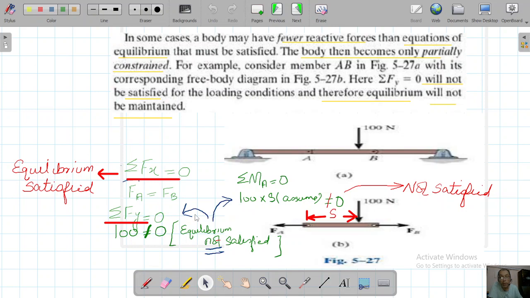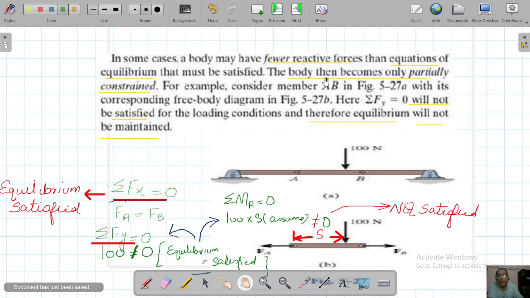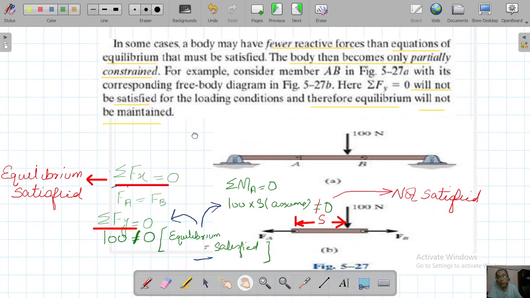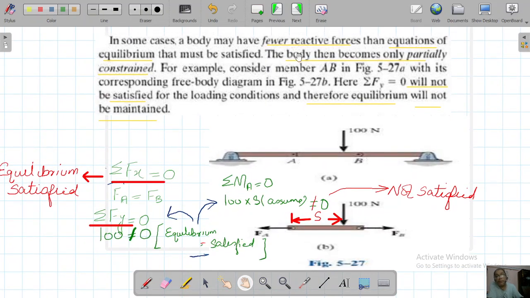So it is only partially constrained. In scenarios where the body is partially constrained, you have fewer reactive forces than the equations of equilibrium, so the body will not be in equilibrium.